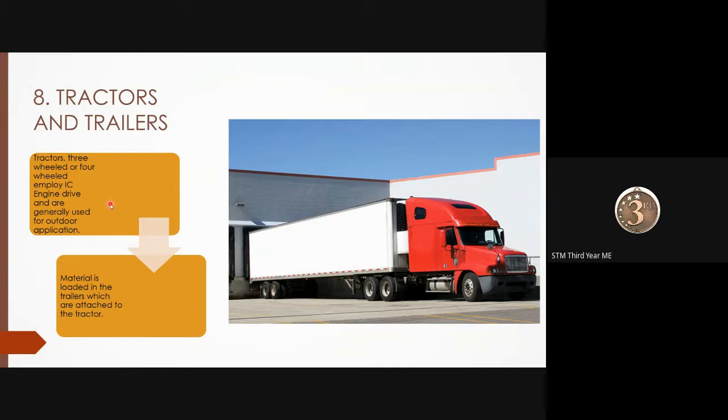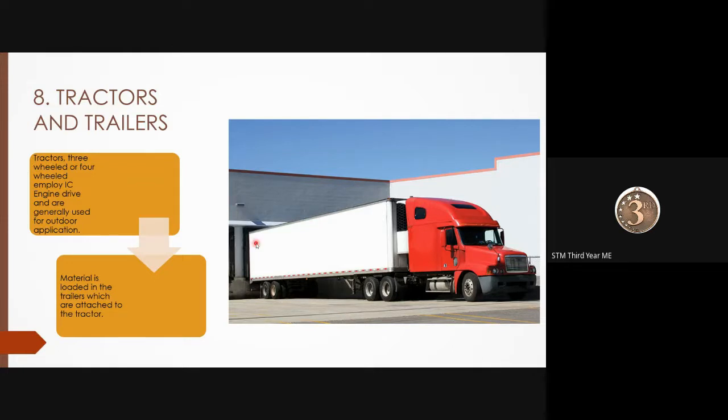Since they are used for transportation, they are also known as material handling devices. You can see there will be container trailers as shown here, or there may be tractors, and they employ an IC engine. So they use an engine instead of a motor, etc. Here we are using an engine, and it is used for outdoor purposes. It does not come into indoor use at all.